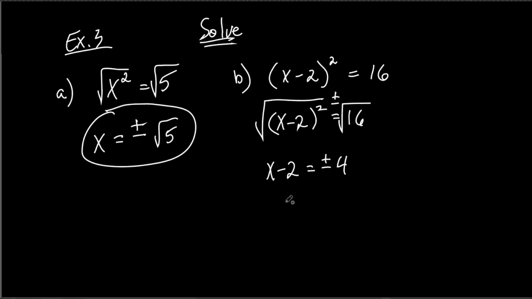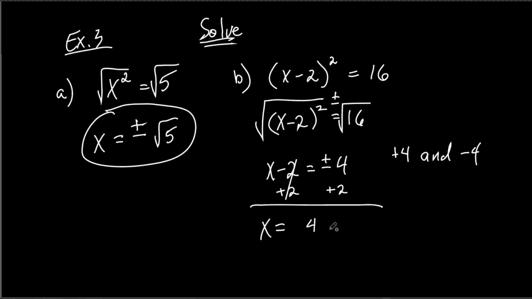So what do we do first? Plus 2, right. Plus 2 to both sides. Plus 2, plus 2. So watch what we get. That cancels, x equals. Now remember what this is. This is a positive 4, and it's a negative 4. So what are we going to do?